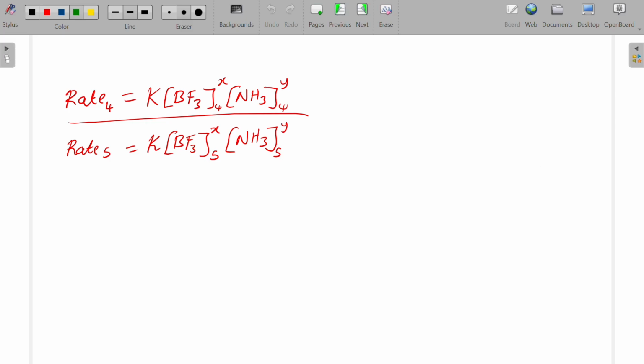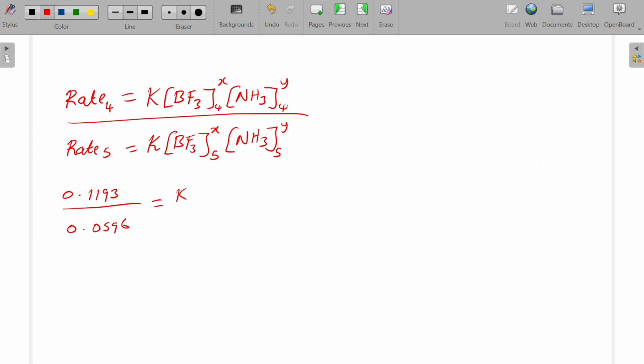Picking what I have here, rate on number 4 is 0.1193, like that. Then this is going to divide by rate on number 5, which is 0.0596.